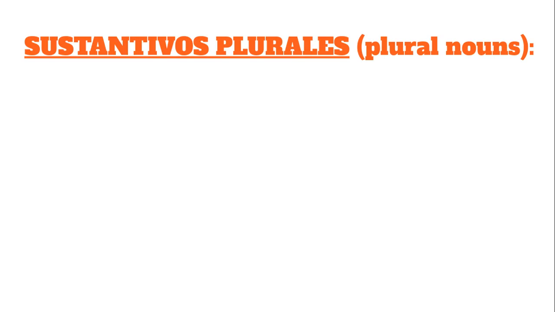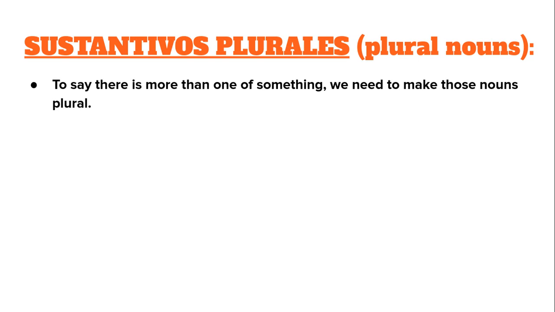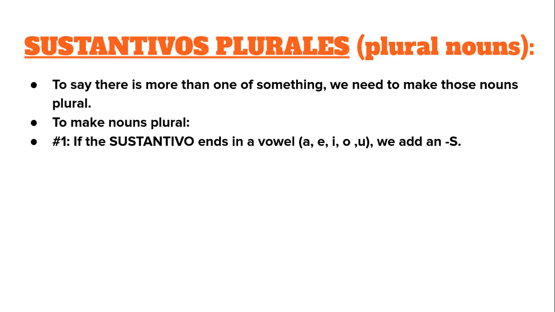Sustantivos plurales. How do we go from making a noun singular to make it plural? Well, we need to do that when we need to say that there's more than one of something. Now, what we do to make nouns plural in Spanish is the following.